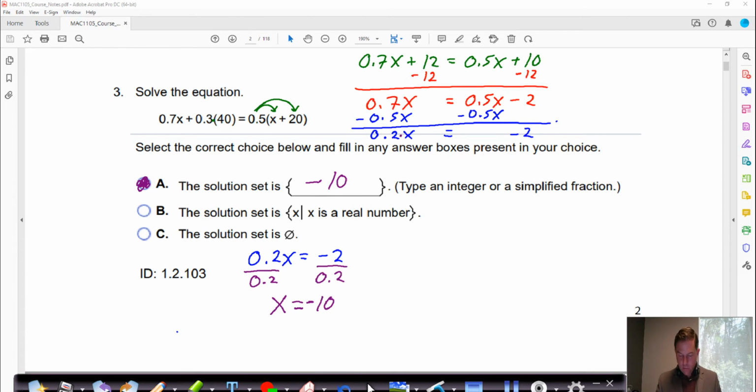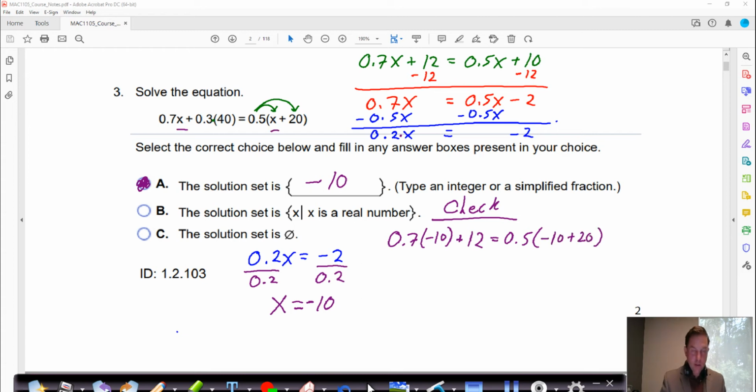Okay, but like before, let's check that. So we replace all instances of x with negative 10. I already know 0.3 times 40 is 12, so let me just write it as 12 equals 0.5 times negative 10 plus 20. So I replace these x's with the negative 10, which we think is correct.